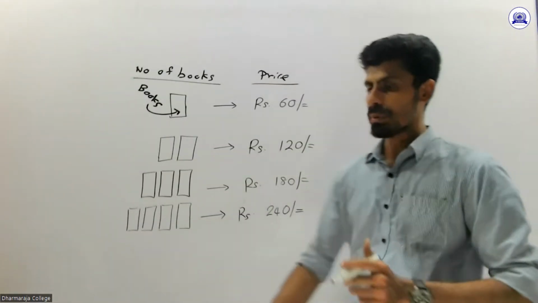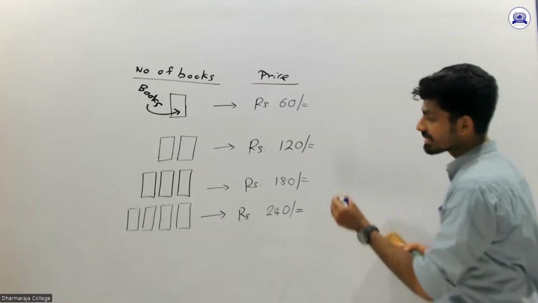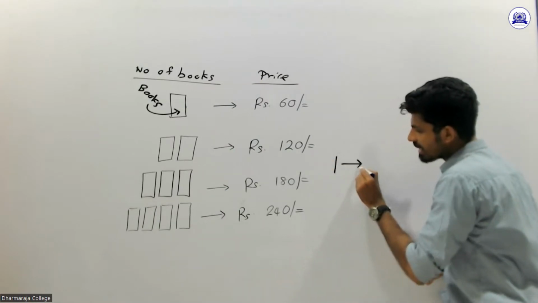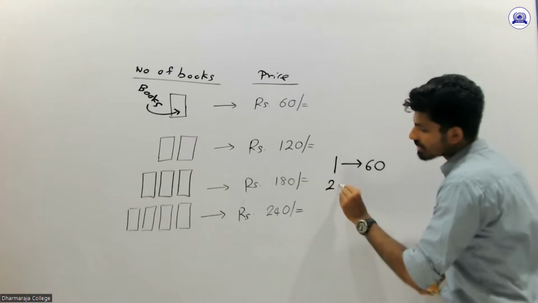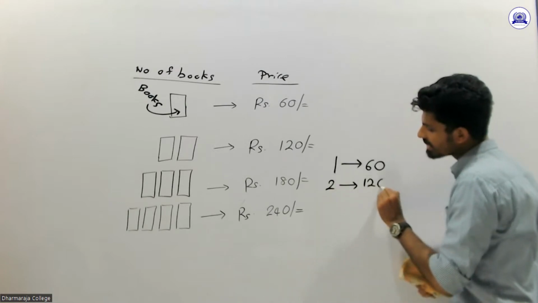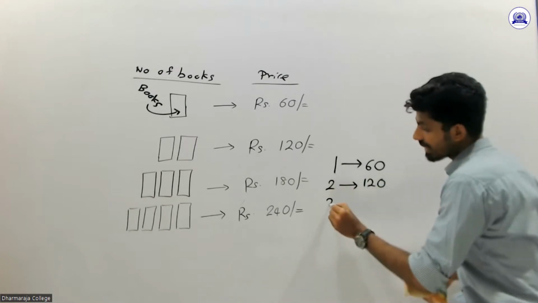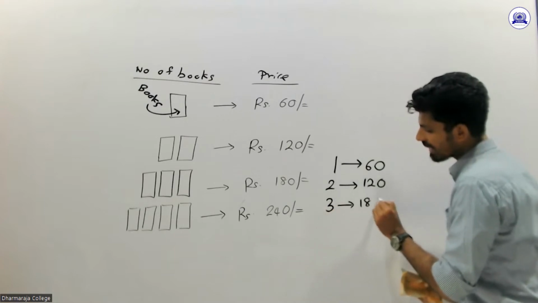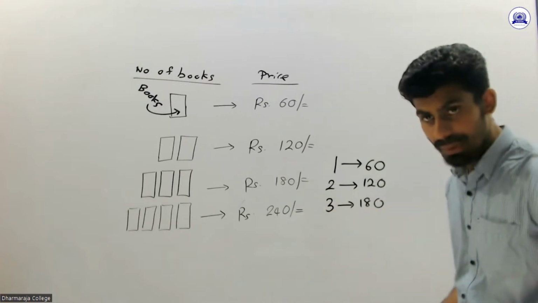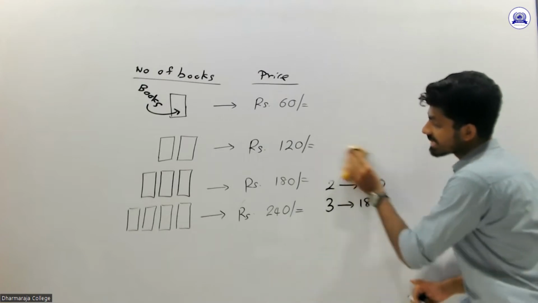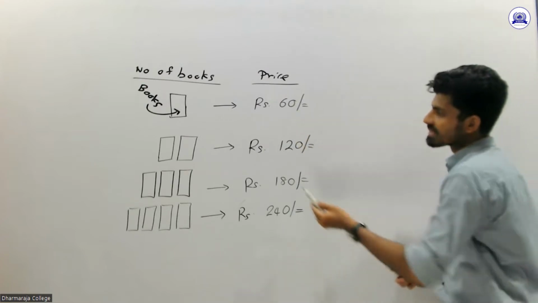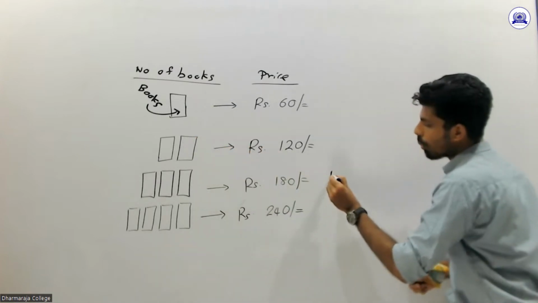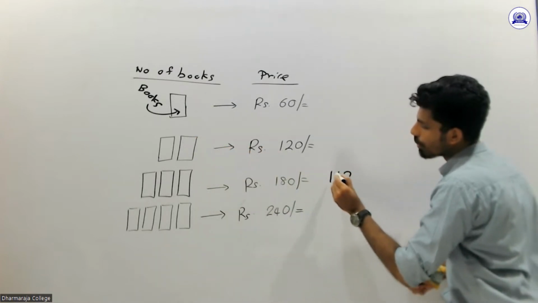Look at this, my dear student. One book is 60 rupees, two books 120 rupees, three books 180 rupees. Now I'm going to consider the ratios. I'm taking books 1 to 2.